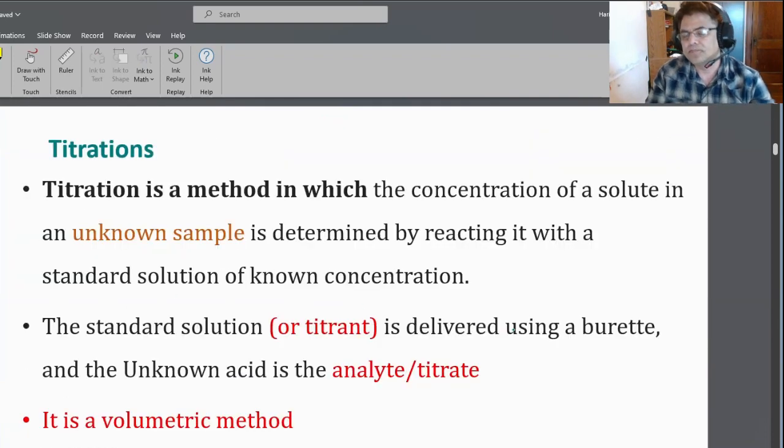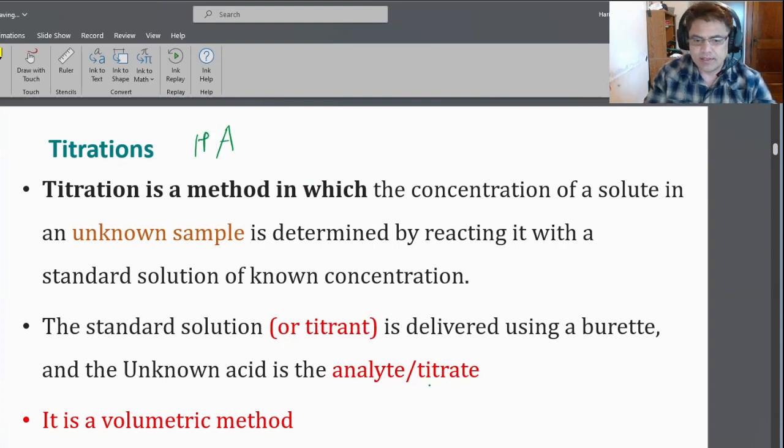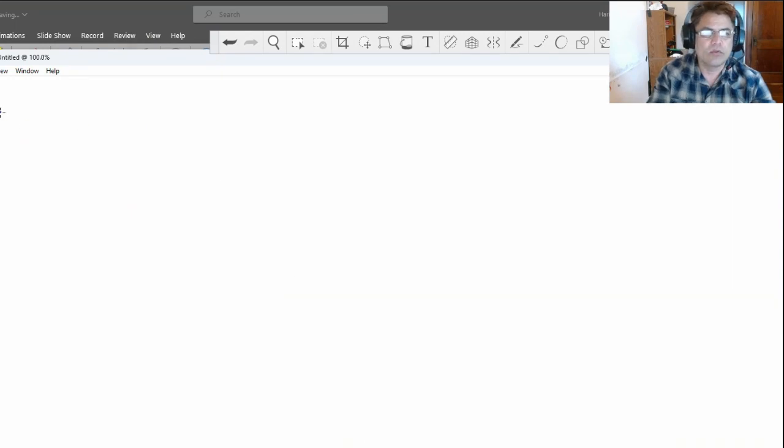Generally, what is titration? Titration is an analytical method in which we find the concentration of an unknown sample by reacting it with a known standardized reactant. Suppose your unknown is HA, a weak monoprotic acid.